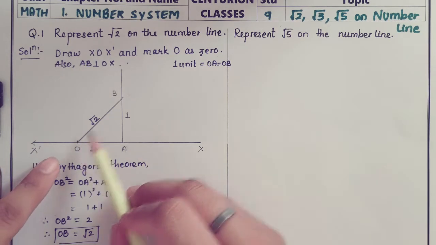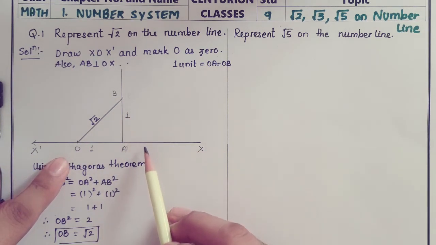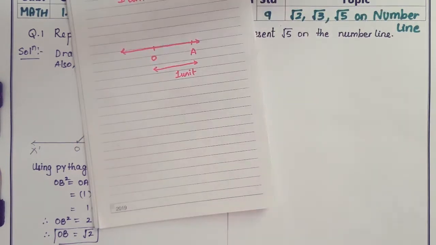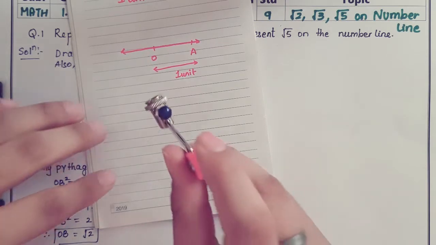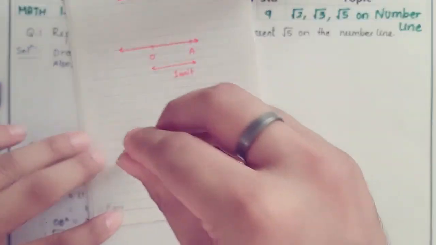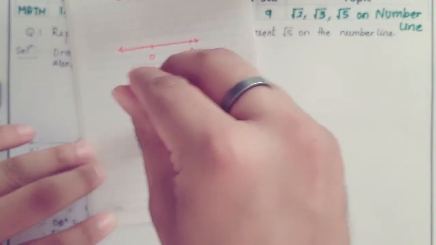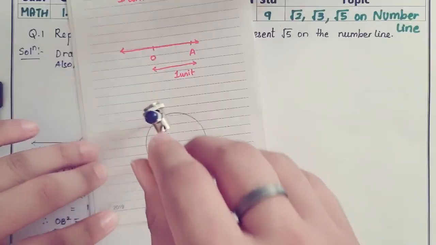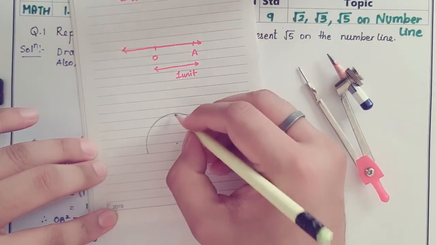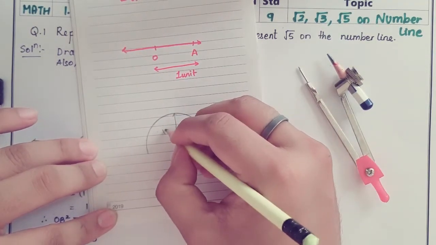मतलब क्या, ये जो OB है ना, उसे हमें इस number line पर represent करना है. Fine. So I'll just give you one example. See, अगर जैसे ये circle है, right? Let's say this is 1 centimeter. I'm drawing like this. So the distance from this point to this point is 1 centimeter.